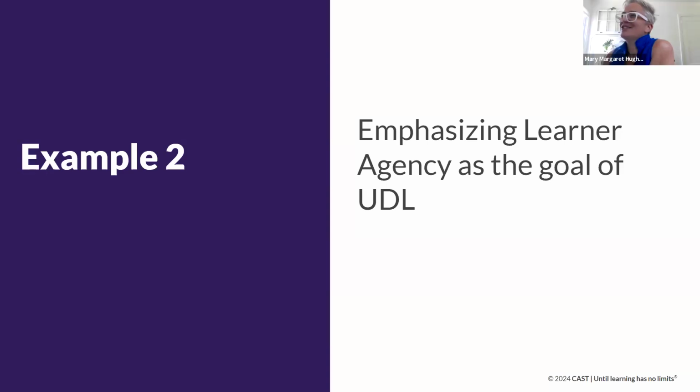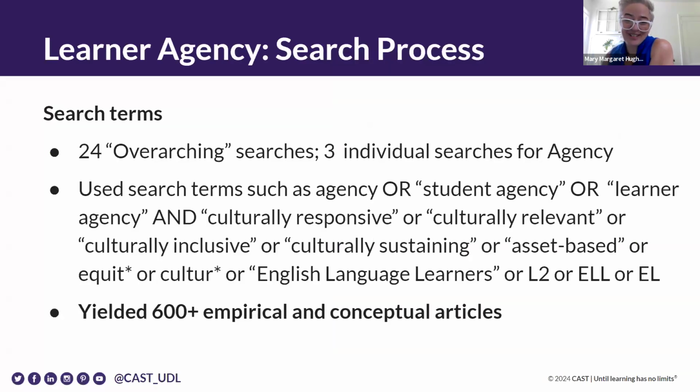Okay, so this is what the search terms looked like for learner agency. This is the second search example, so intended to pull that equity forward research as it relates specifically to student and learner agency. The second set of search terms relating to those asset-based pedagogies created that secondary search to create those relevant research results that we were looking for, that were most related to the guidelines and principles.